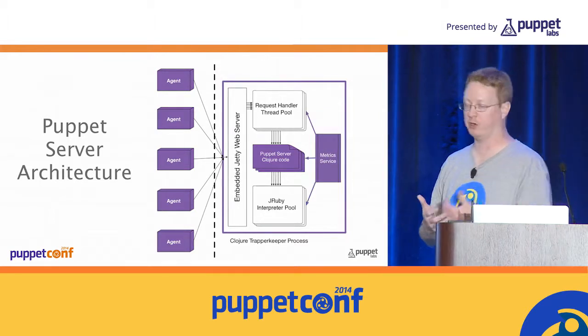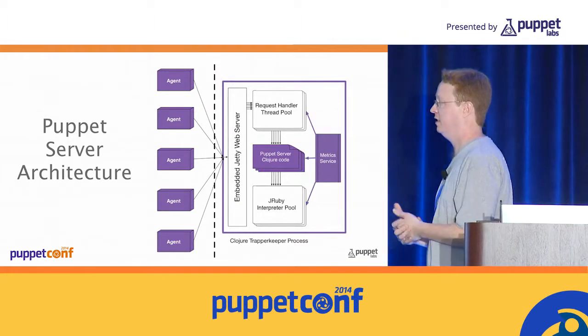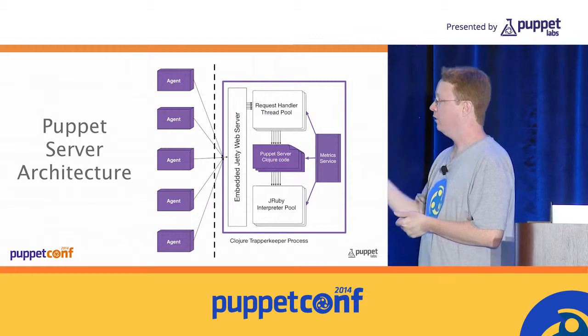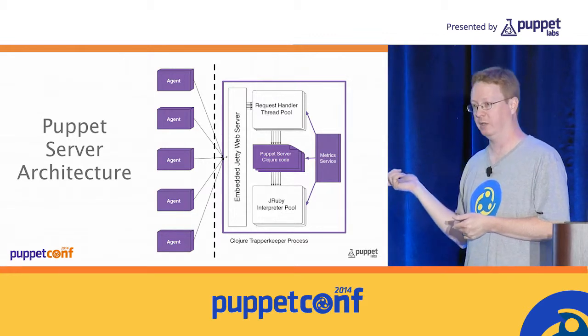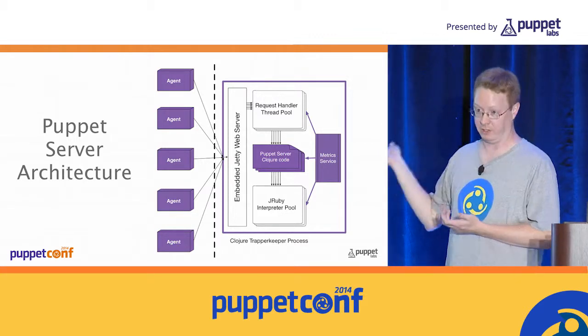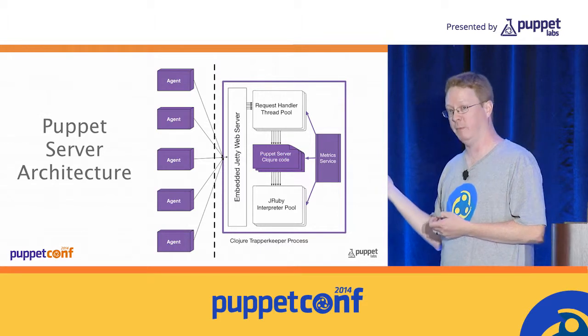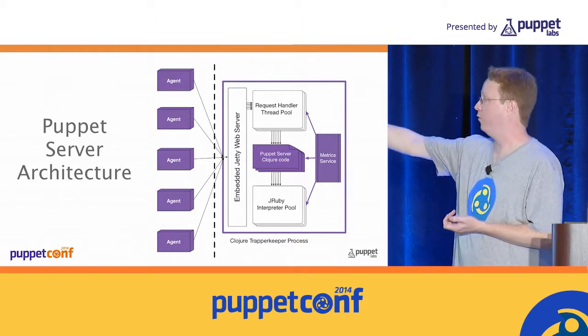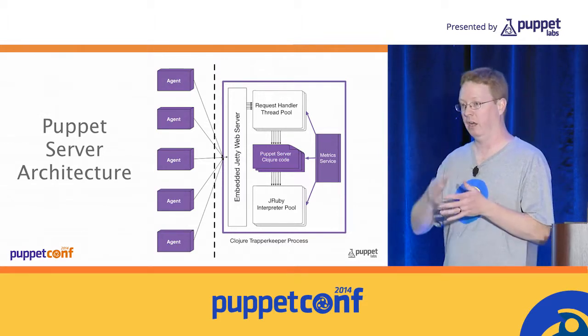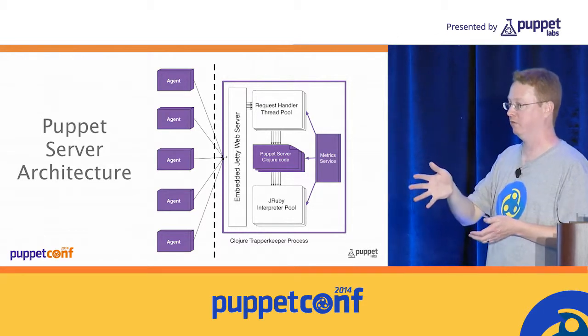So the first concrete example that we have that takes advantage of that is in the new version of Puppet Enterprise that'll be coming out later this year, we have a new metrics service. And it's basically a little background thread that runs inside of this container, and it collects metrics from all the different parts of the system.